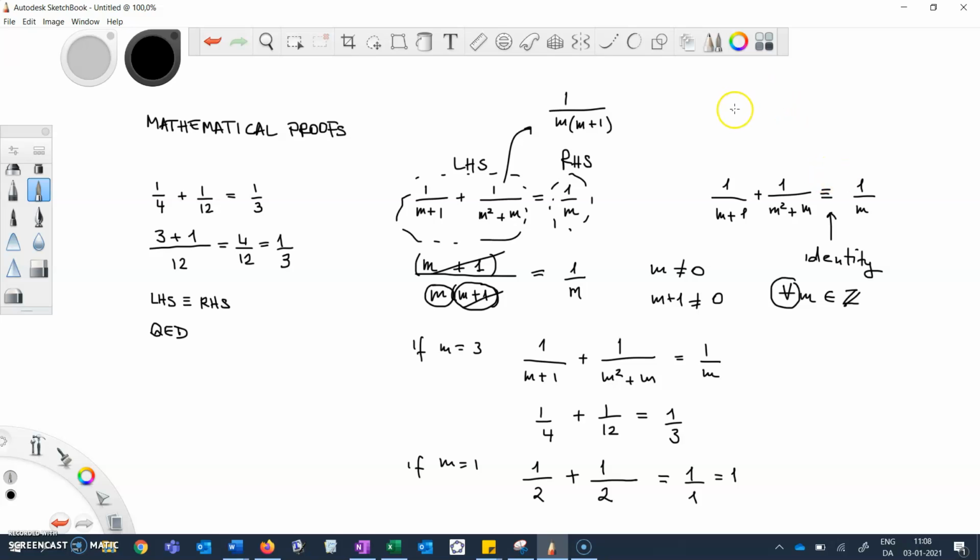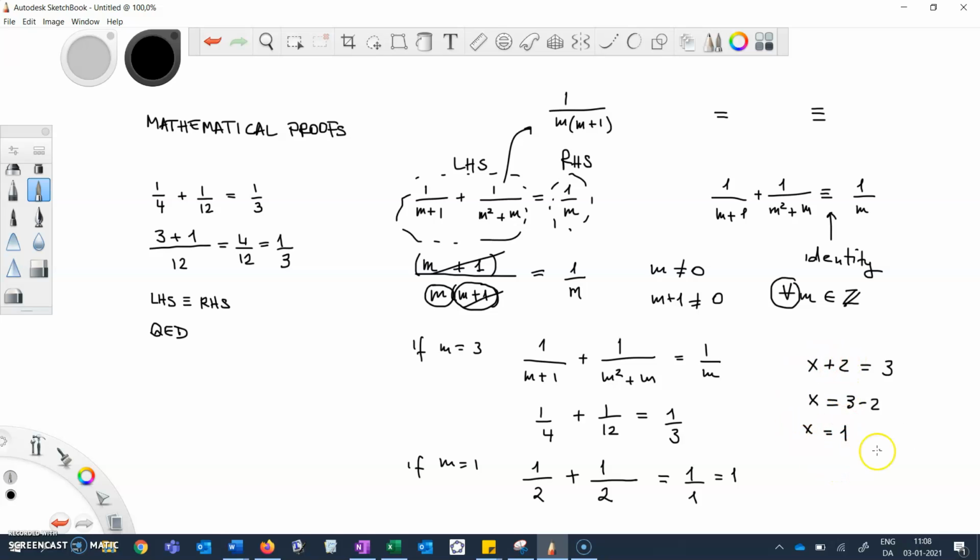So remember that there is a fundamental difference between equal and the identity sign. The identity sign means that if you have a variable like m in this case, it's valid for every m. The equal sign doesn't mean that. It could even be an equation, for instance. Let me write it over here. x plus 2 equal 3. Well, this is valid only if x is equal to 3 minus 2, so if x is equal to 1.